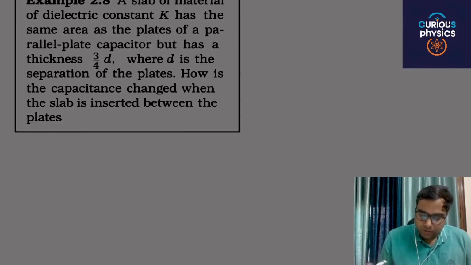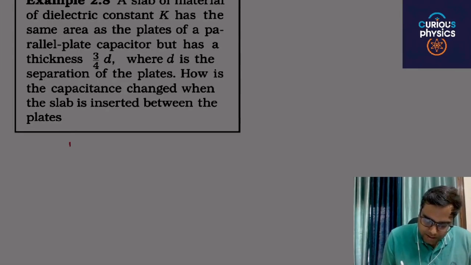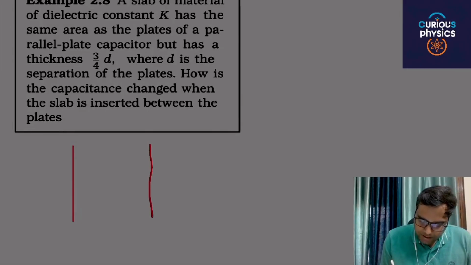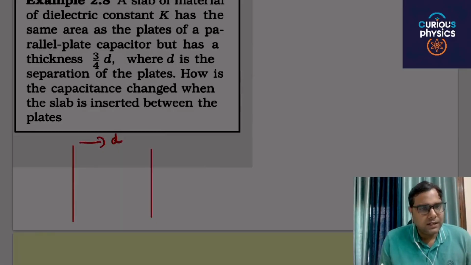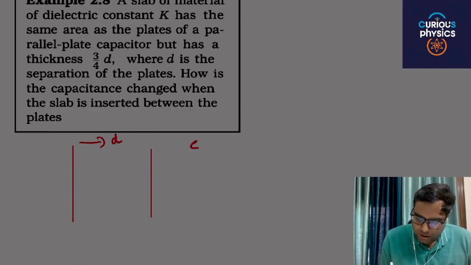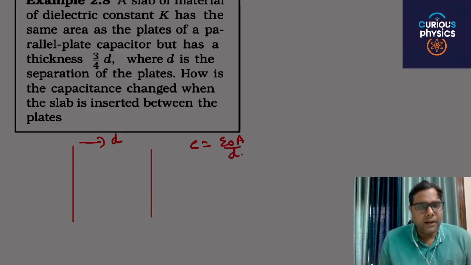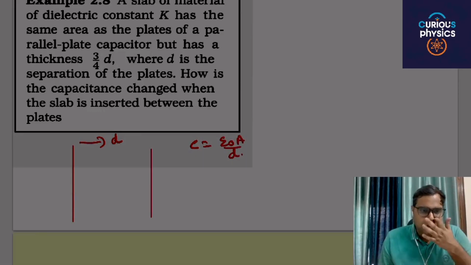The initial condition is a parallel plate capacitor, and the total distance between the plates is D. The initial capacitance, you know, is epsilon naught A by D. Now you have to find the value of the new capacitance if you introduce the slab, and the remaining terms are the same.